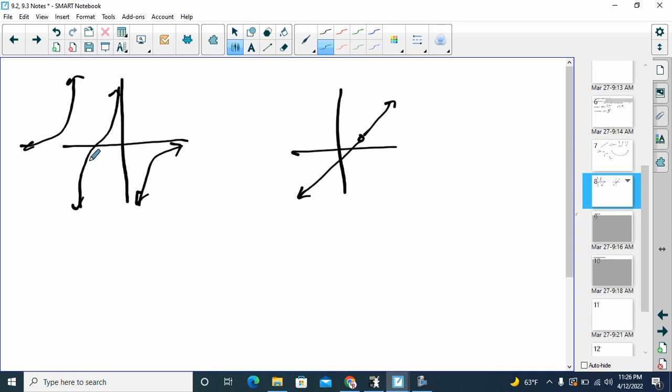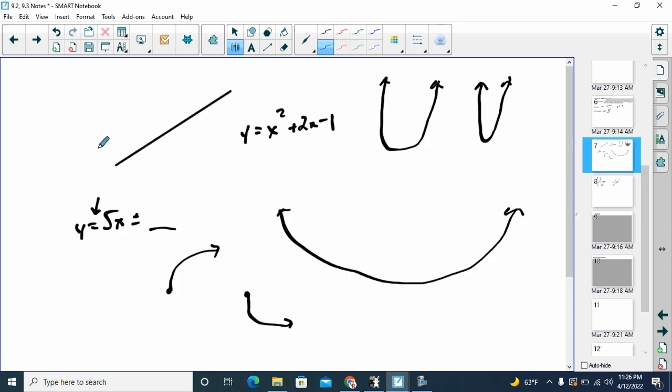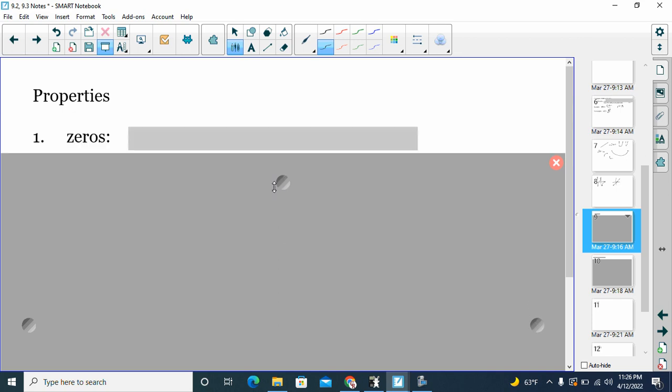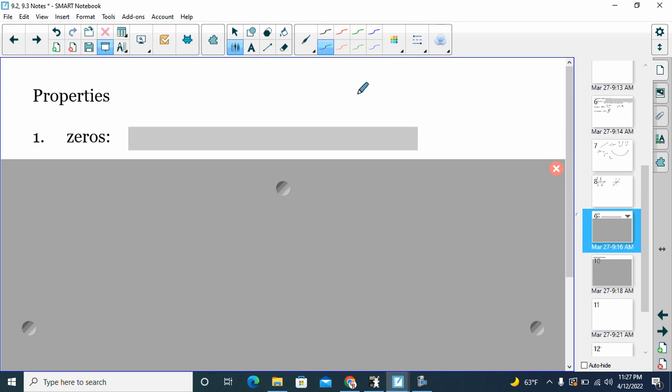So instead of identifying a slope and a y-intercept, or even just plotting points, we're going to look at the properties, the characteristics that these graphs have, and how we can identify what these characteristics are. So the first are the zeros, or the x-intercepts of the graph. Remember, I've got y equals p of x divided by q of x for a rational function.